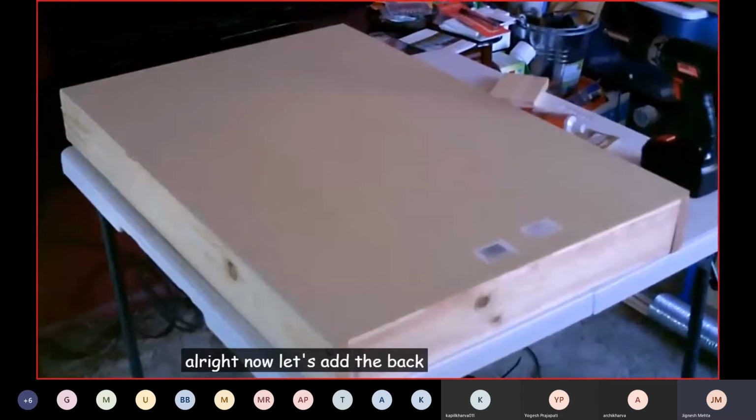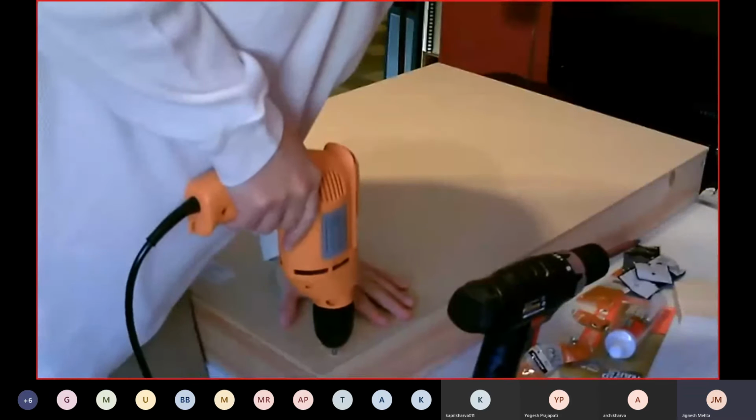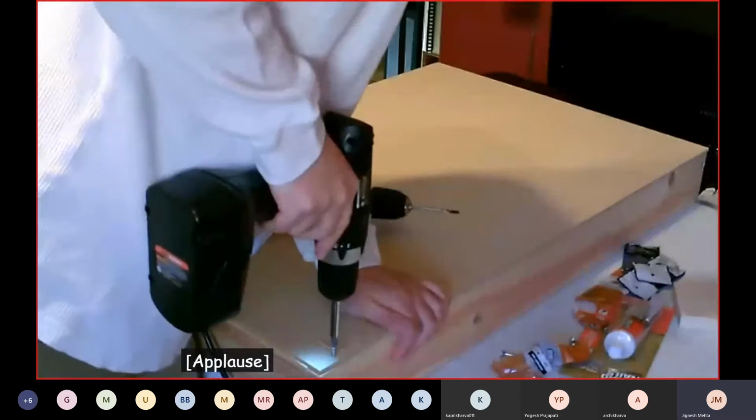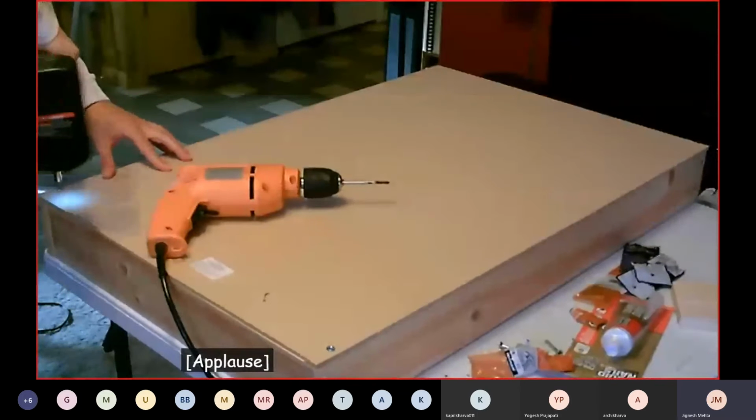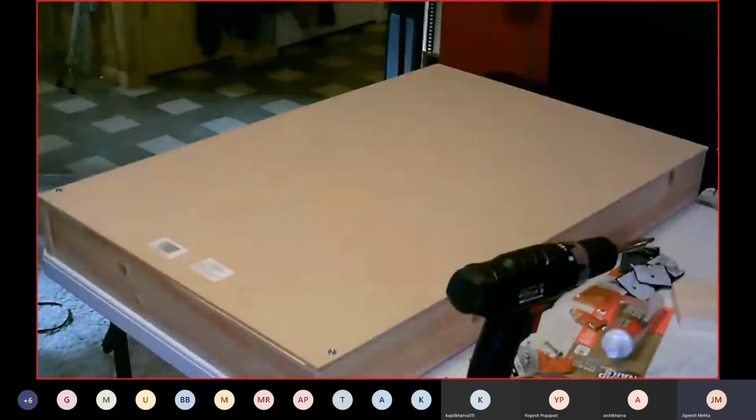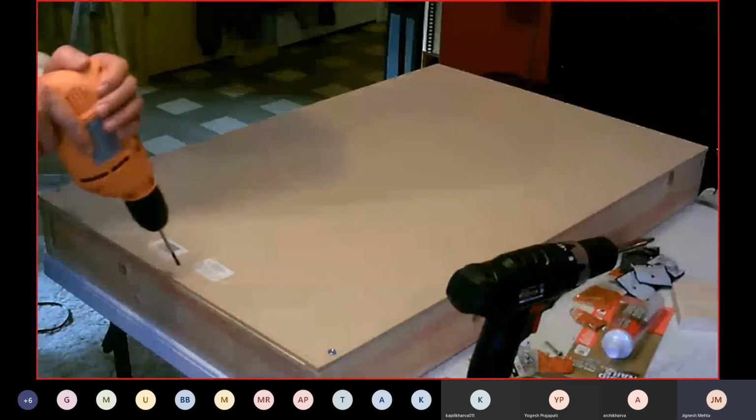All right, now let's add the back. 10 total. Let's just go ahead and fire through these.